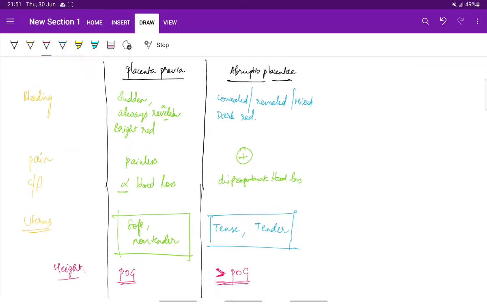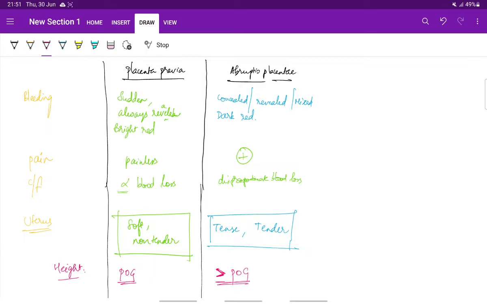The bleeding in case of placenta previa is sudden in onset and it is always of revealed type and the color is bright red, whereas in abruptio placentae the bleeding can be either concealed, revealed or mixed and the color is dark red. Abruptio placentae is a very painful condition, whereas placenta previa is painless.